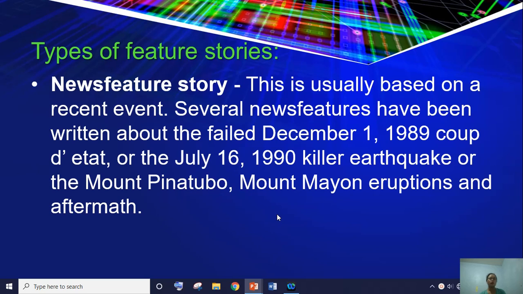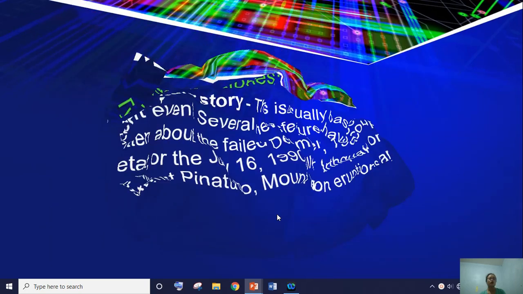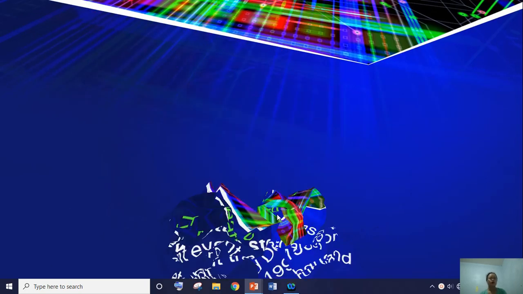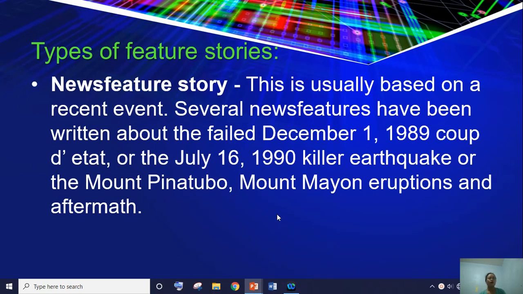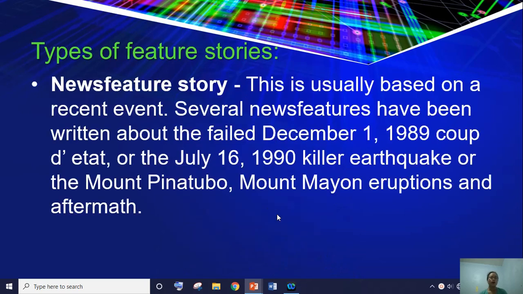This is usually based on a recent event. Several news features have been written about the failed December 1, 1989 coup d'etat, or the July 16, 1990 killer earthquake, or the Mount Pinatubo and Mount Mayon eruptions and aftermath.